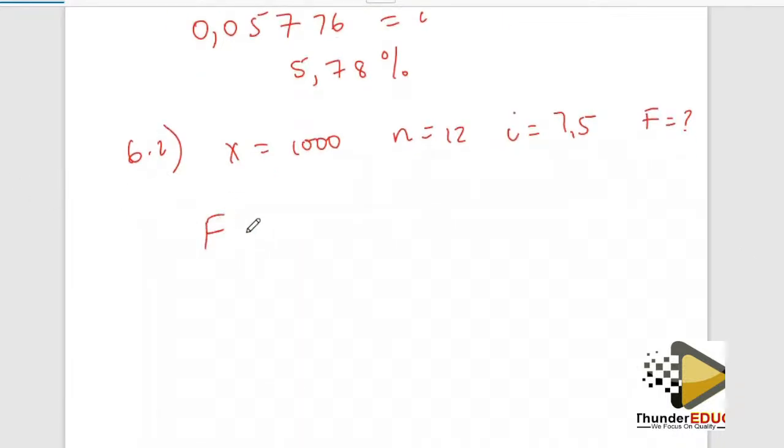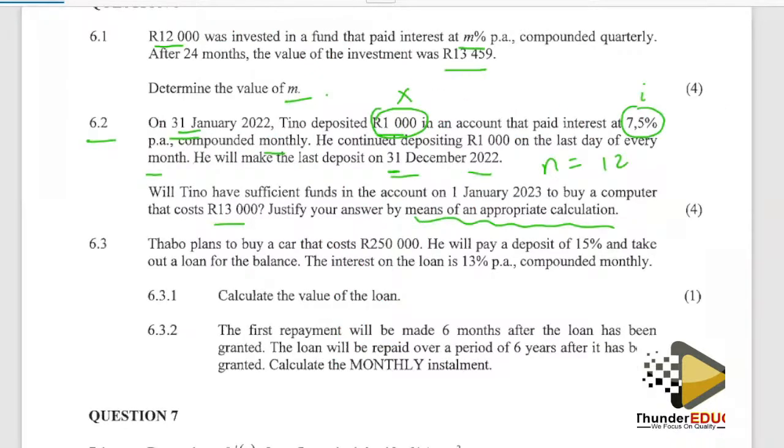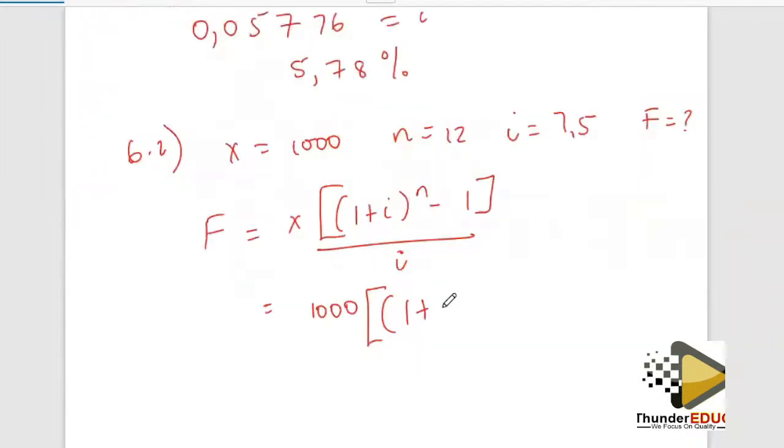The future value formula is given as X, open bracket, 1 plus I to the exponent of N, minus 1, over I. So that's 1,000, open brackets, 1 plus 7.5%, which is 0.075, divided by 12, over 12, to the exponent of 12.